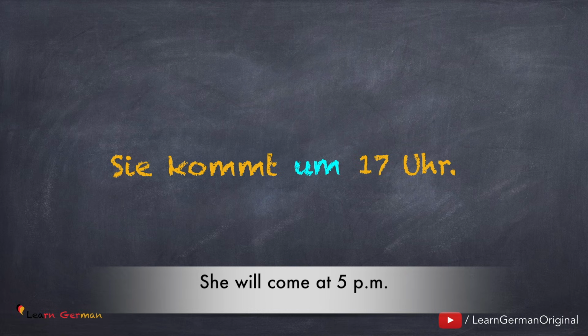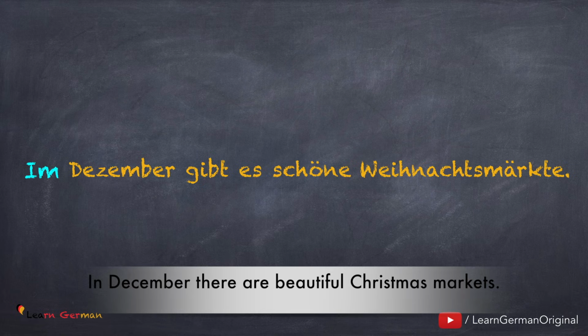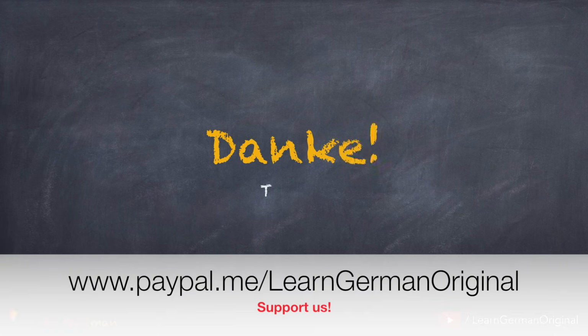Sie kommt um 17 Uhr. And here's the last one. And the correct answer is: Im Dezember gibt es schöne Weihnachtsmärkte. Well done! Hope you enjoyed this lesson.